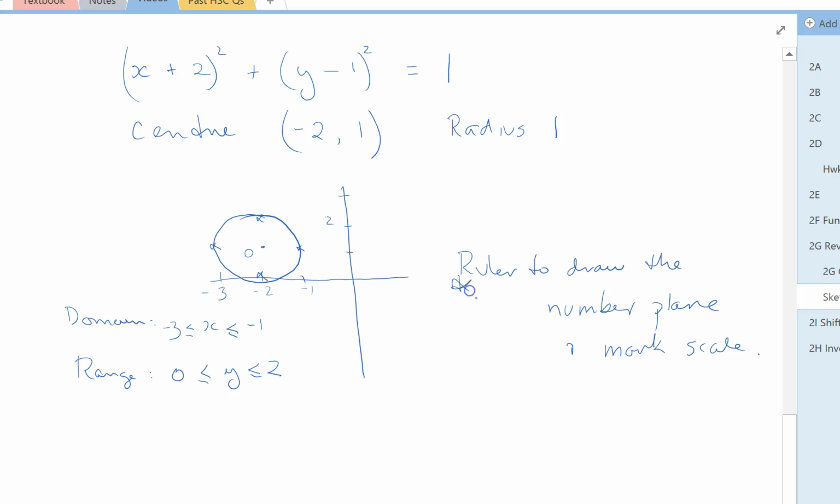Now, please use a ruler. I have trouble using a ruler on the Surface Pro because it can't cope with the pressure of two things. The pen won't register once I've placed a ruler on the screen. But please use a ruler to draw your number plane and mark your scale.